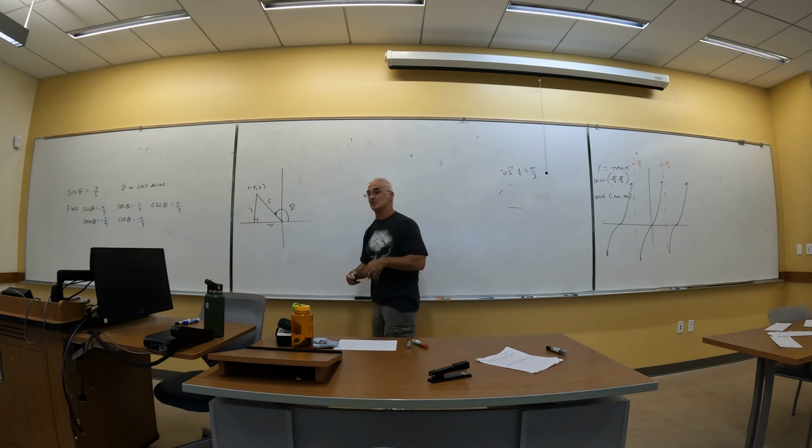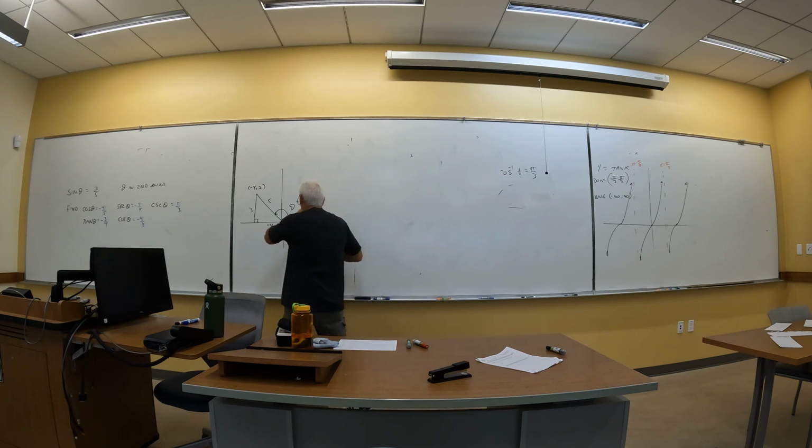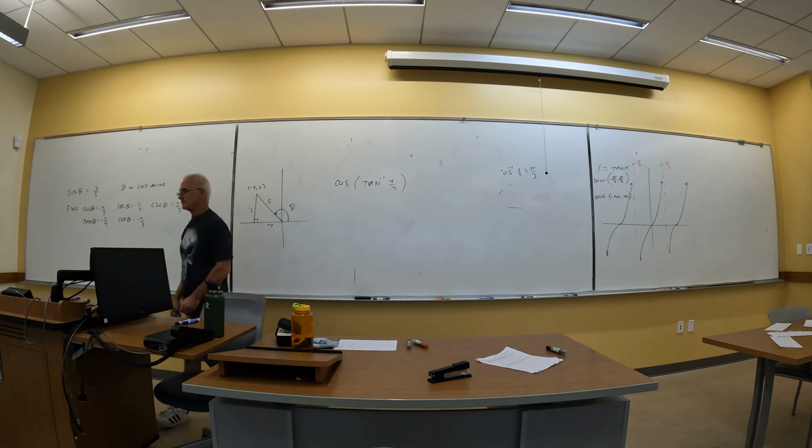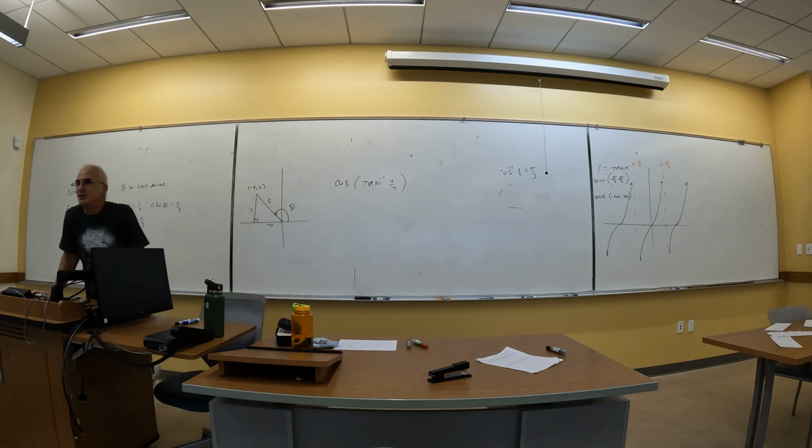So now I'm going to do a slightly higher level one. I want the cosine of the inverse tangent of 4/7. Is my answer an angle or is my answer a ratio? Ratio. Wait, this is actually the same as this question.